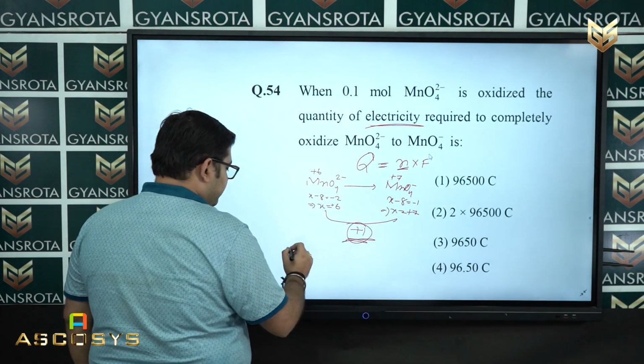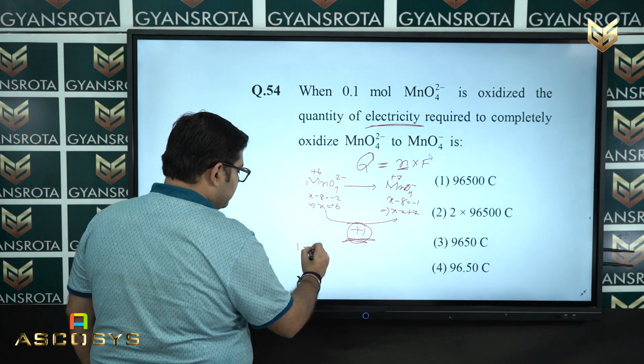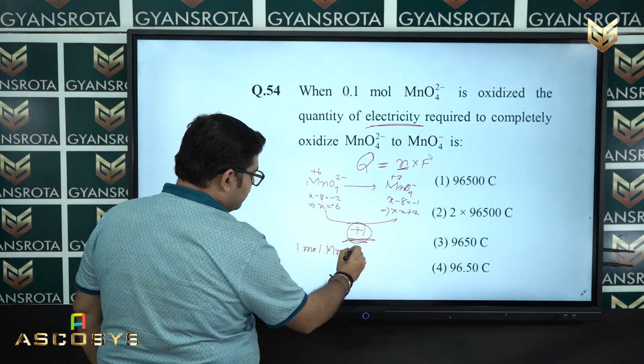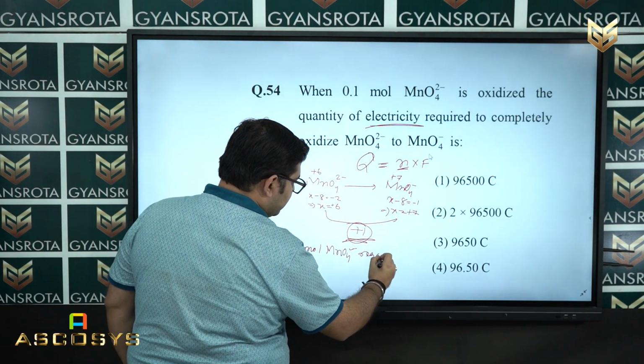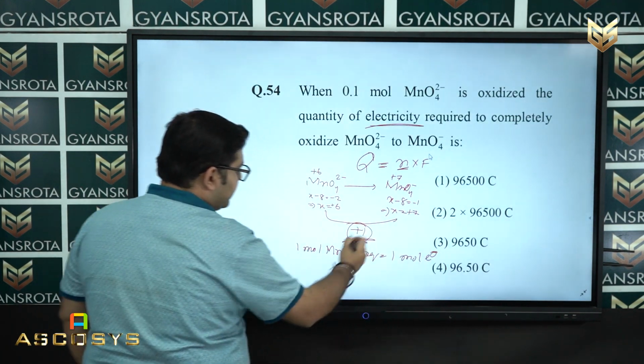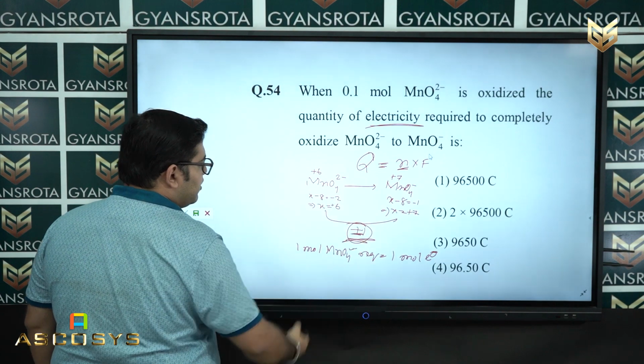This means 1 mole of MnO4 2 minus requires 1 mole of electron, right? This is the actual concept, because here we are going to use only 1 mole of electron.